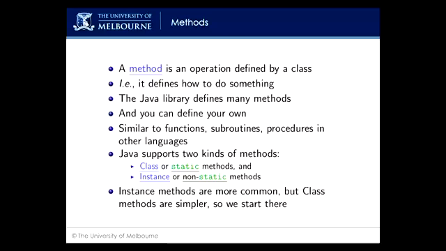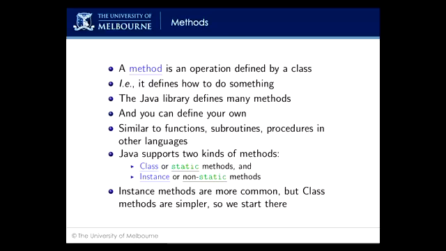I'll be showing you how to create your own class methods. I'll cover non-static methods next week. But hopefully you'll have a really good understanding of how to invoke a method, how to call it, and how to create it by the end of this lecture.